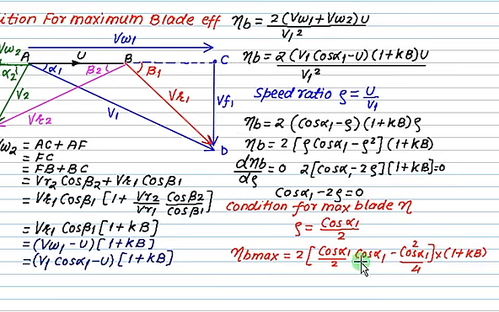The solution of this term is cos square alpha 1 by 4. Is it correct? Multiplied by 2. So it is cos square alpha 1 by 2, multiplied by 1 plus kb.